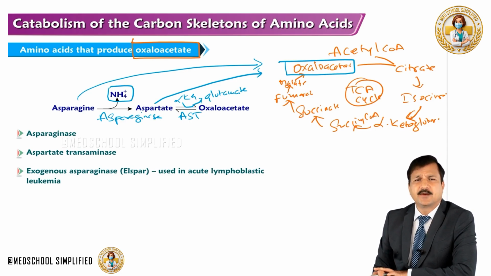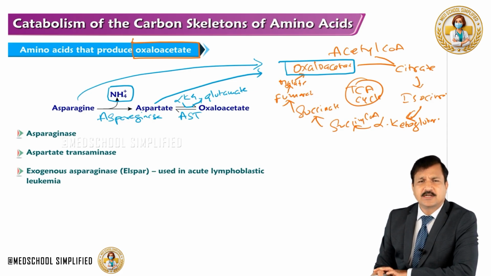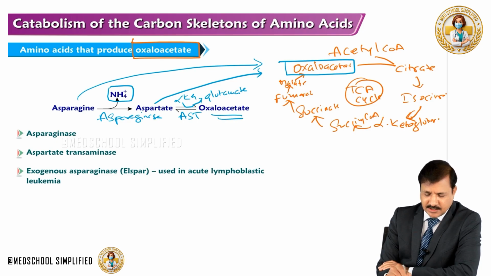After accepting the amino group from an amino acid, it will be converted to glutamate, while the amino acid, after losing its amino group, will be converted to its corresponding keto acid. The corresponding keto acid for aspartate is oxaloacetate. So that's how oxaloacetate is made.